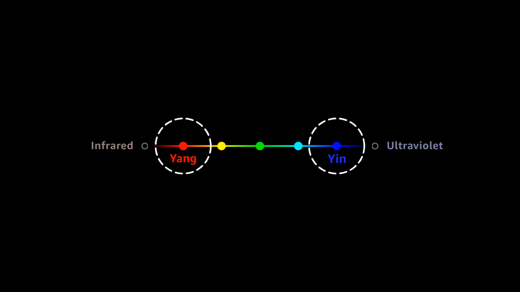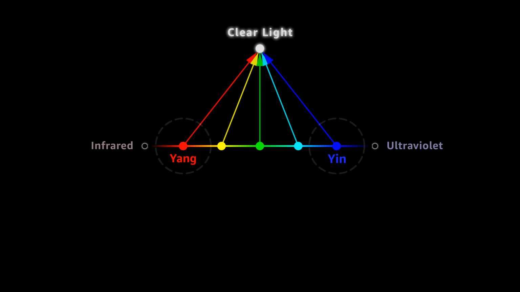Warm colors have longer wavelength, and cool colors have shorter wavelength. Then, from the accumulation of all wavelengths, clear light or brilliancy emerges. It is the totality of yin and yang, and thus it is the representation of perfection. Related to this, the holy idea of type 1 is holy perfection.